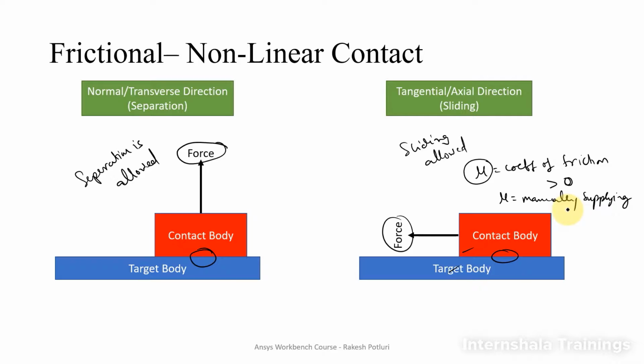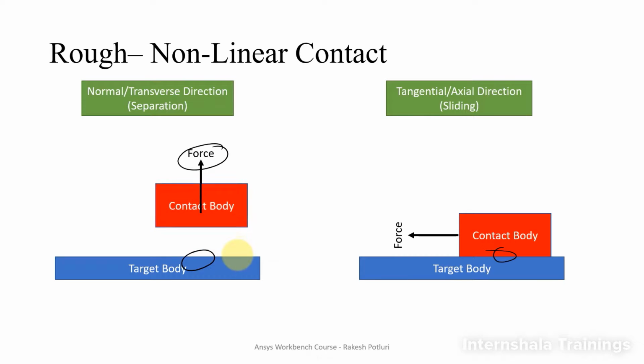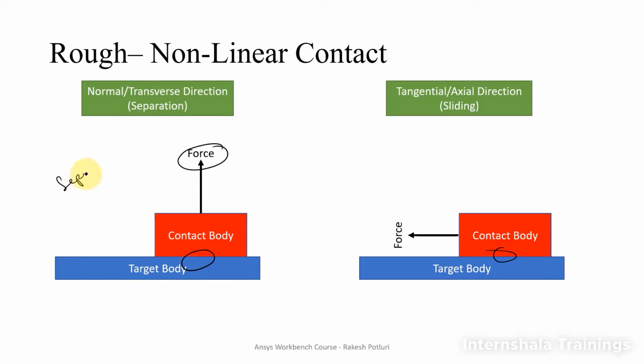And the next one is rough contact, and this is also a nonlinear contact. Again, I will take two bodies, apply the rough contact between them, and apply a force in this direction to try to move the body. When I try to move the body, obviously it is moving. That means here also separation is allowed. But if I apply the force and try to move this body, it cannot slide over the target body.